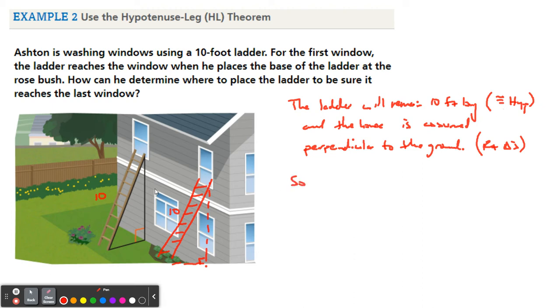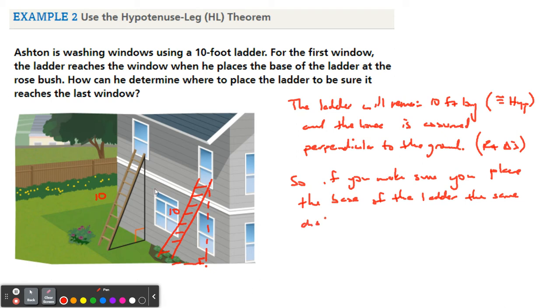So here's the kicker: you make sure you place the base of the ladder the same distance away. So that's assuring that this bottom leg is congruent to this bottom leg, right?